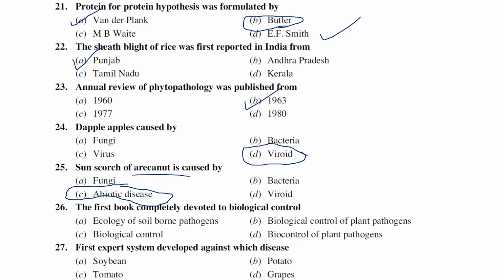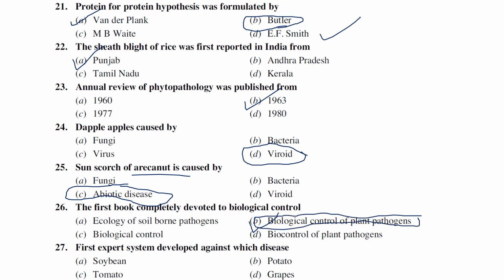The first book completely devoted to biological control of plant pathogens: generally there are two persons, Baker and Cook, in 1983. They wrote a book called Biological Control of Plant Pathogens, regarded as the first book completely devoted to biocontrol.